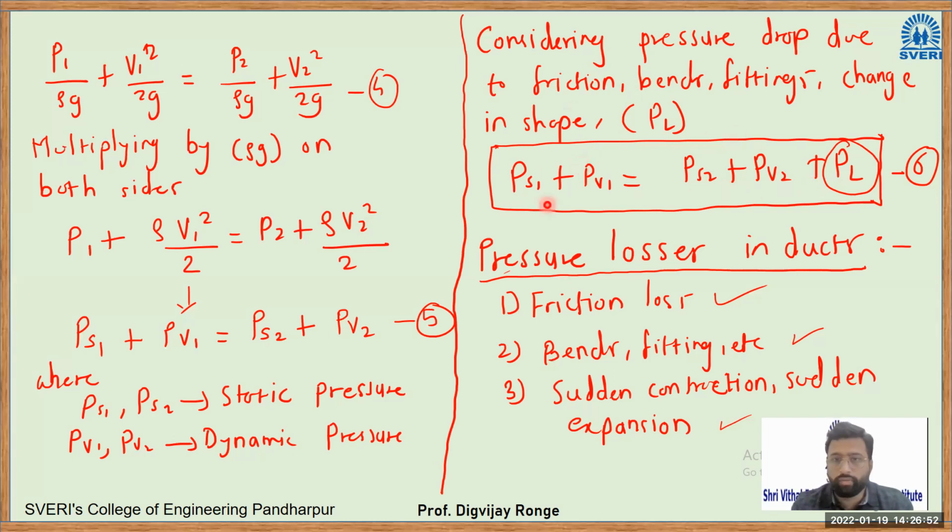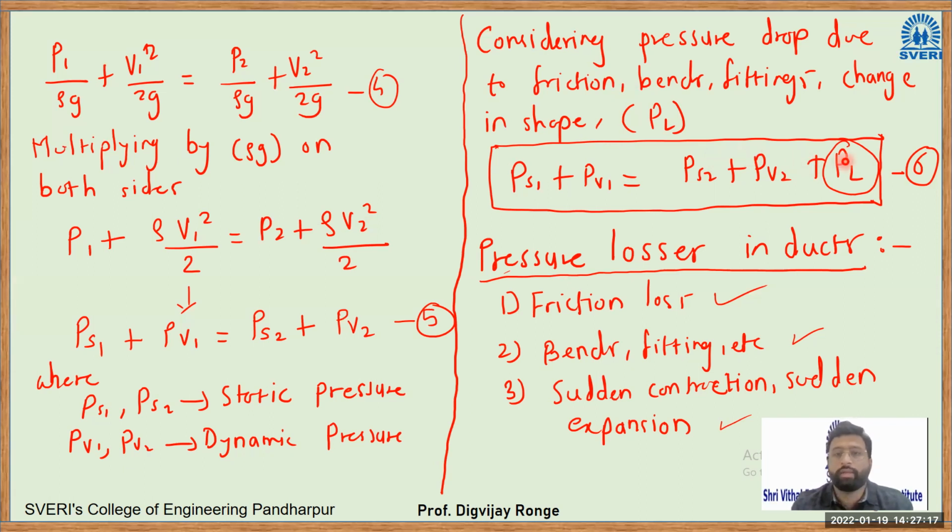So this is a very important equation, equation number 6. This is a pressure equation for ducts. Total pressure, that is static pressure plus dynamic pressure at 1 or at the inlet, will be equal to static pressure plus dynamic pressure at outlet plus pressure losses.